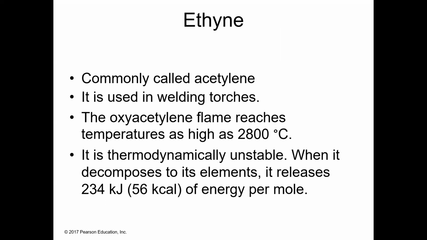And the oxyacetylene flame reaches temperatures as high as 2,800 degrees Celsius. There's a lot of energy stored in that triple bond, so a lot of heat is released when acetylene undergoes combustion.